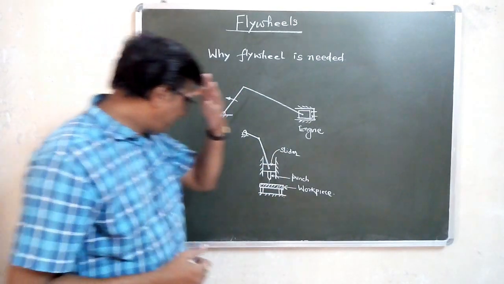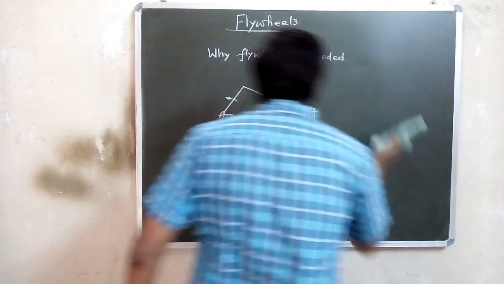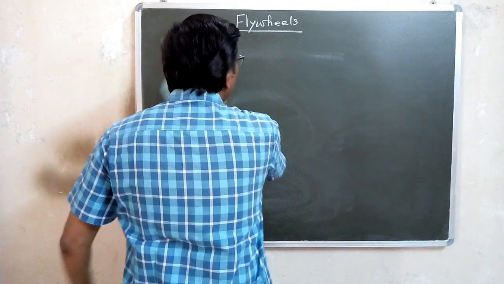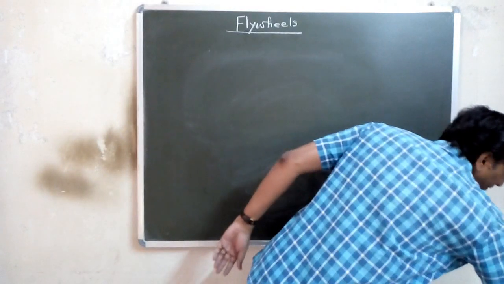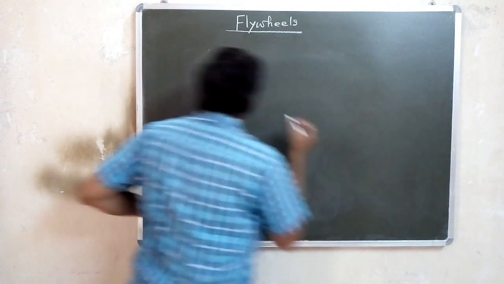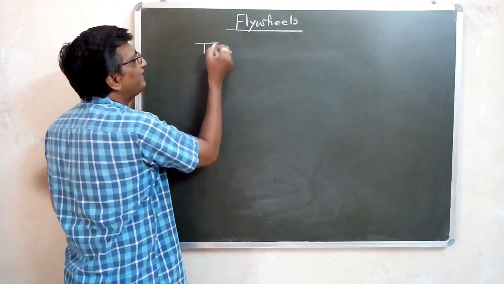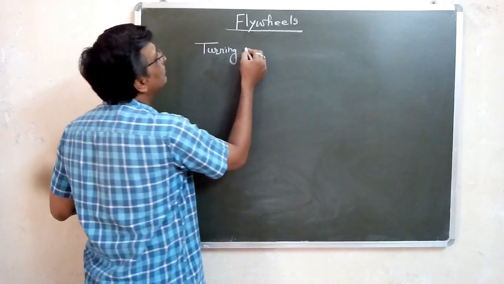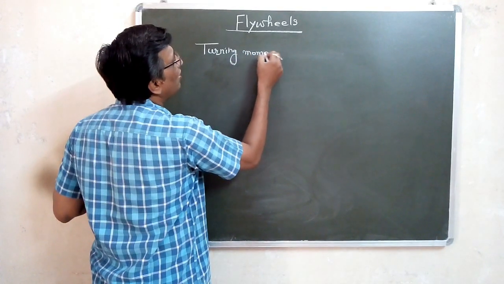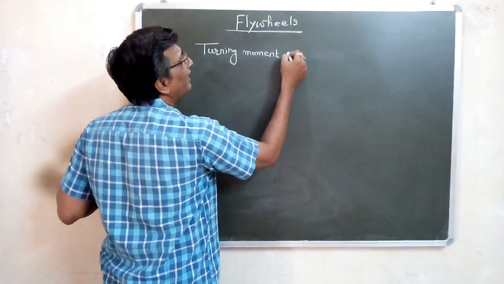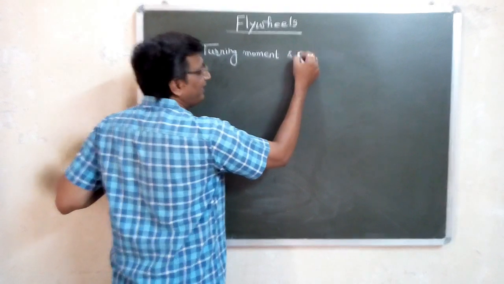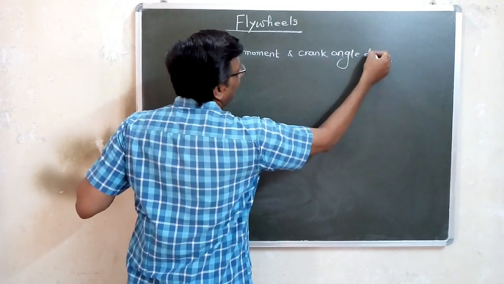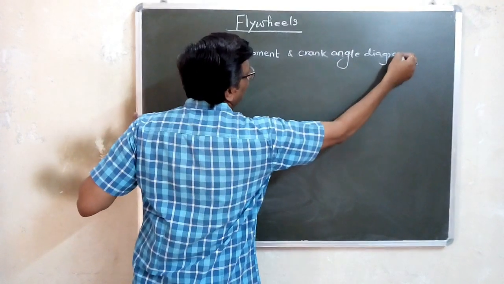Now let us see something more about the flywheel, how the flywheel works. Let me draw a turning moment diagram, that is, a turning moment or torque and crank angle diagram for a flywheel.